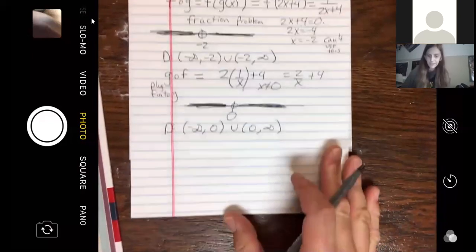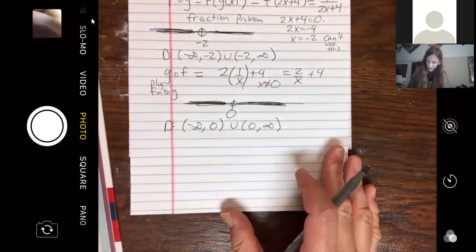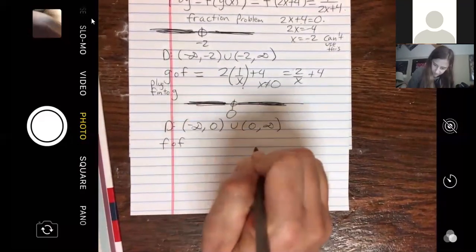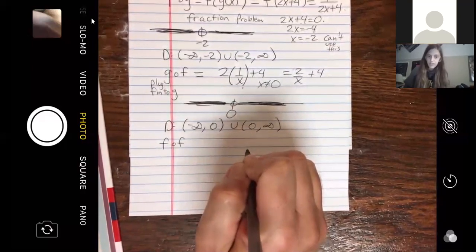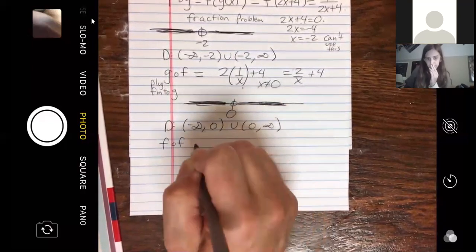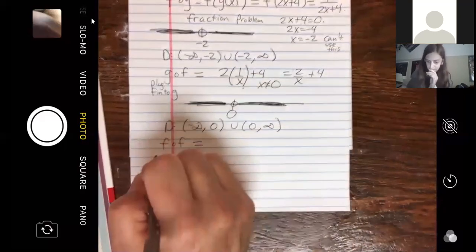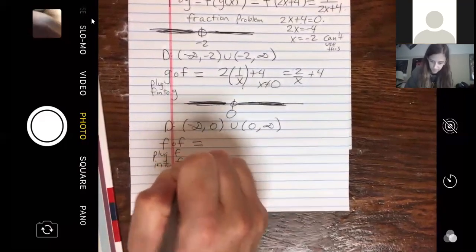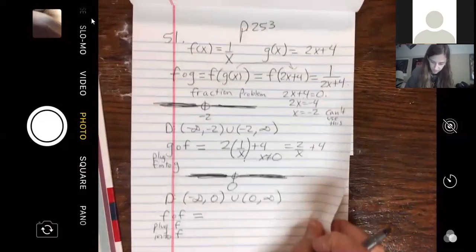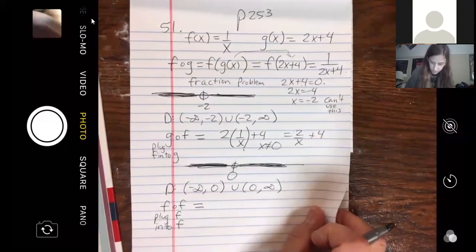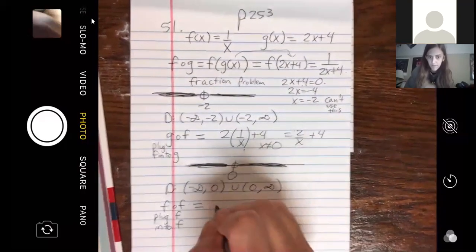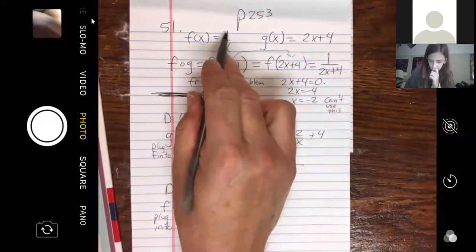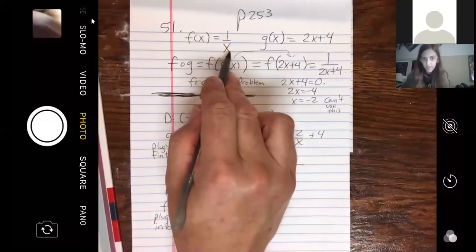Are we ready to plug F into F? Yes, we are. So that would be F circle F. You want to see the steps? We can go straight through this one. All right. So you're thinking plug F into F. So F takes 1 over, and now I got to plug this whole F where that X is.